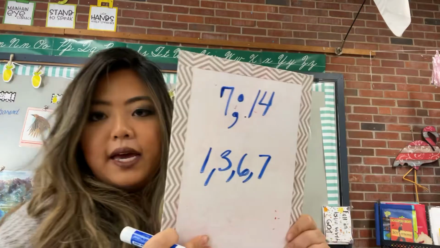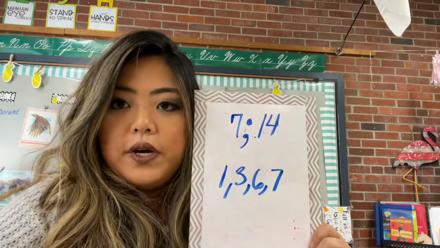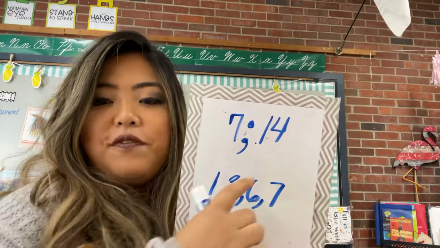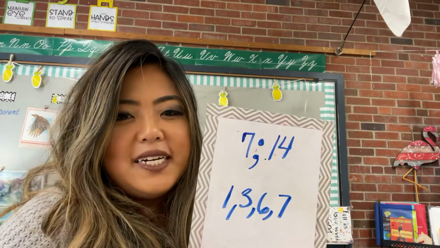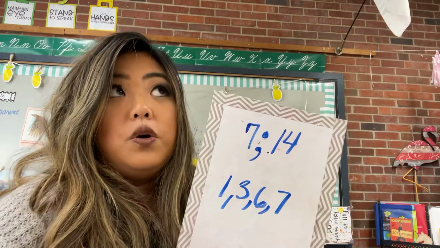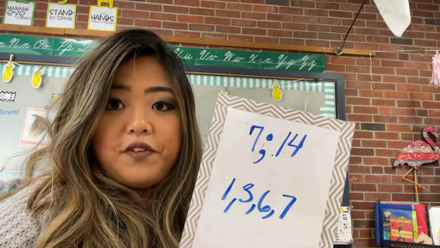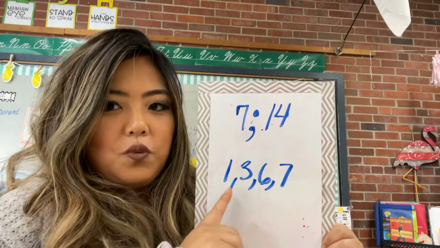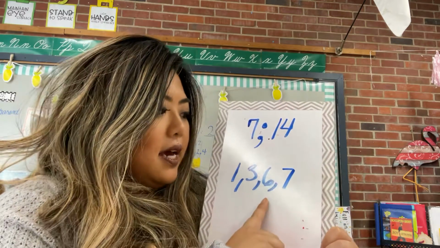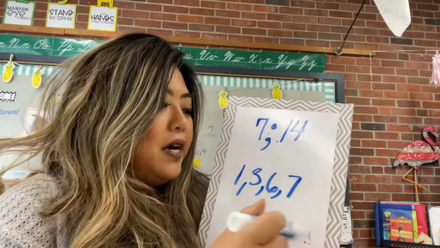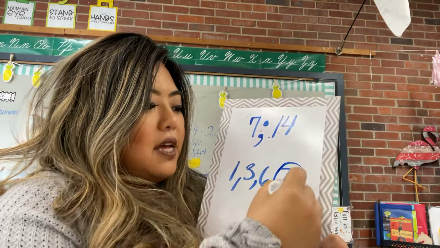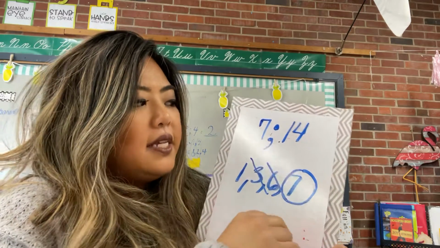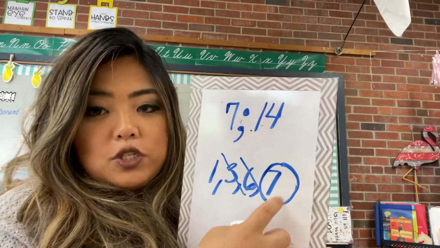What they're saying is you are going to look at 7, and the factors of 7 are only 1 times 7, 1 and 7. The factors of 14 are 1 times 14 and 2 times 7, so the factors of 14 would be 1, 2, 7, 14. They want to know what's the greatest common factor of 7 and 14. Is it 1, 3, 6, or 7? Well, it's obviously going to be 7 because 6 and 3 are not even factors of 7 or 14, so 7 is the biggest, so you would just circle 7.